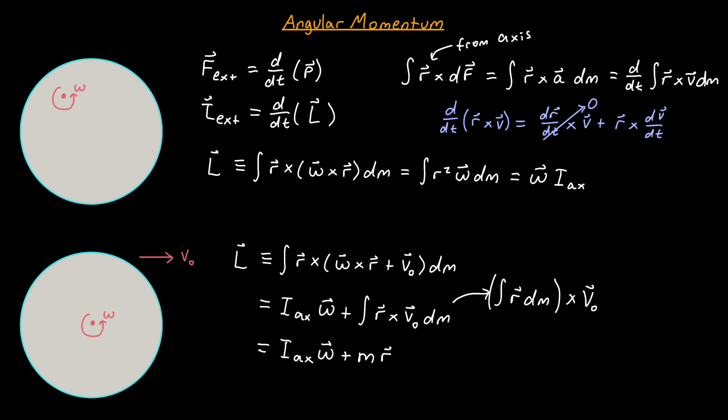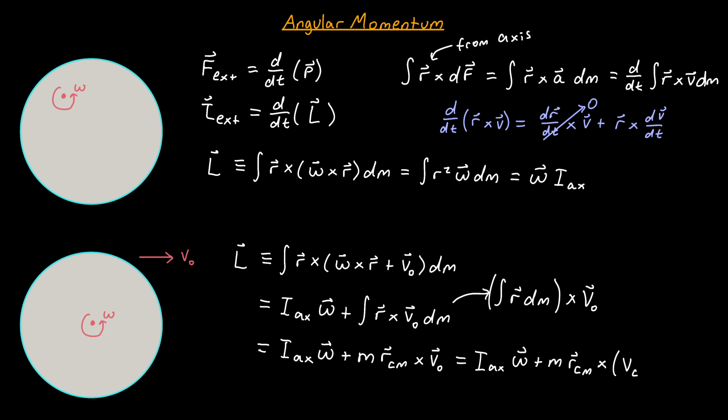Now, sometimes instead of dealing with this quantity v0, because maybe you're not given how fast the object is moving as a whole, it might be easier or more convenient to deal with the velocity of the center of mass. So we can rewrite this expression as I-axis omega plus m RCM cross, and we can expand this quantity v0 by saying, well, really, this is just the velocity of the center of mass minus omega cross r center of mass.